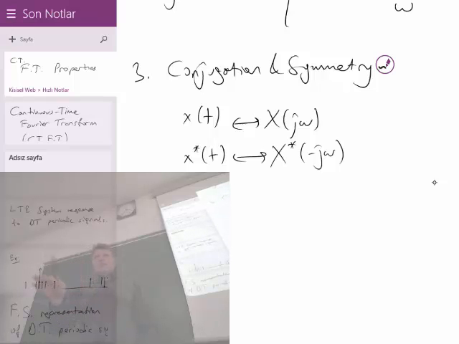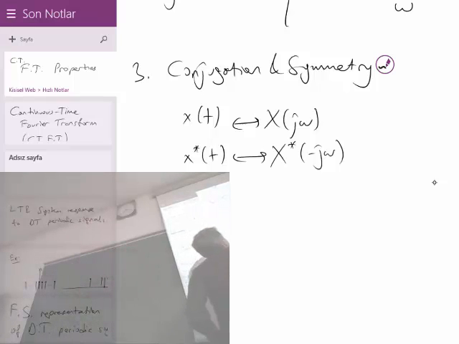It's easy to prove this, but its implications and its meaning are a little bit more important for us. For instance, if x of t is a real signal, then x conjugate of t will also be real, obviously, because there's no imaginary part, therefore there's no conjugation. So x conjugate of t will be equal to x of t.